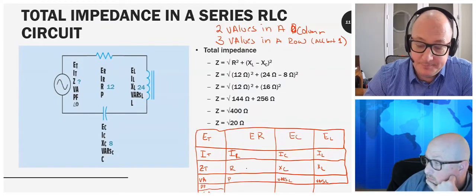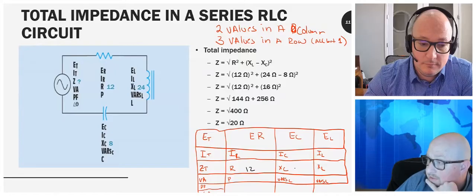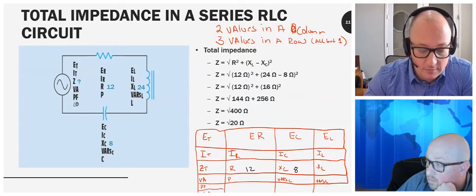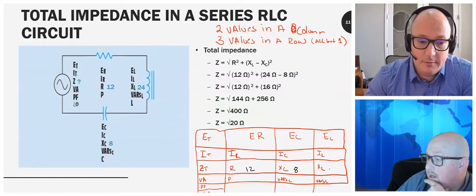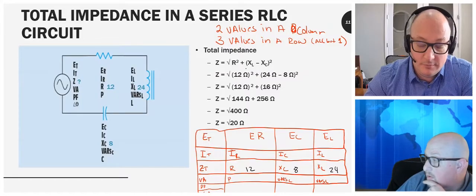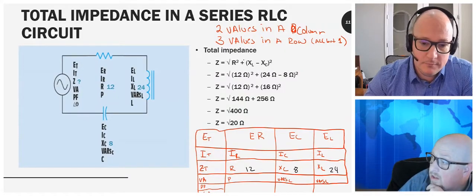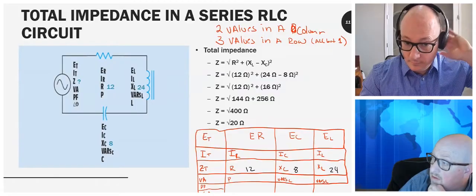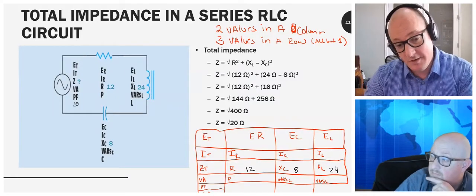So if my resistance is 12, my X of C here is 8, and my X of L is 24. The way they got there was a squared plus b squared equals c squared.